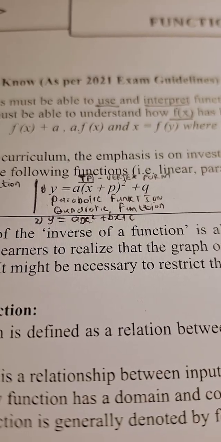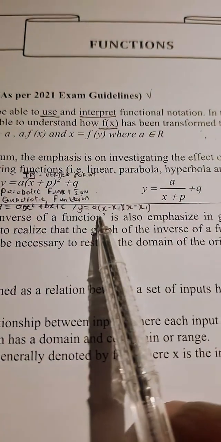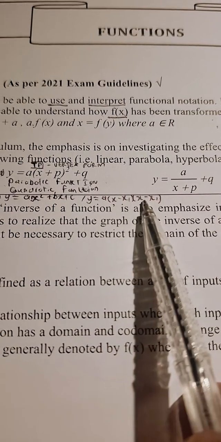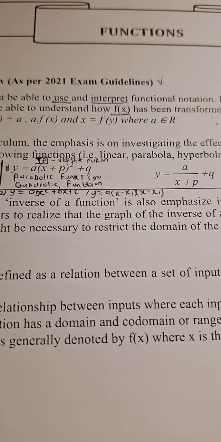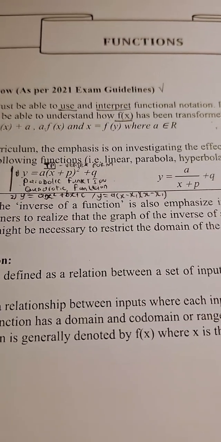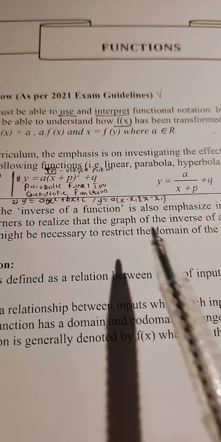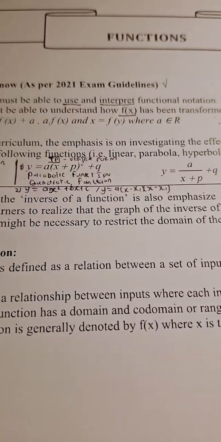I know some other learners will even say, there is this form as well, sir: a into x minus x1 into x minus x2. Some will call this the x-intercept form, or I guess you could say the root form.